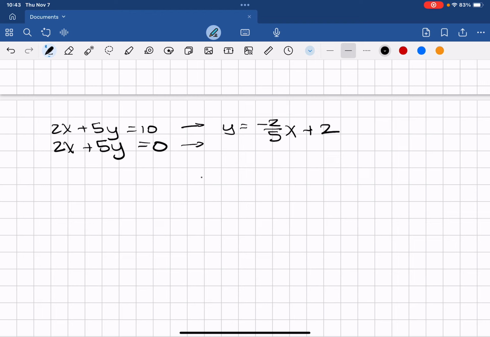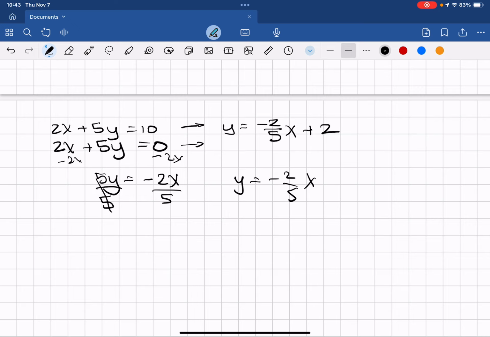If you don't understand how I got that, I subtracted 2x from both sides, and then I divided both sides by 5. And I'll do it out for this one. So we get 5y, and if we subtract 2x from both sides, we're going to get negative 2x. We're going to divide both sides by 5, and we get this equation as y equals negative 2/5 x.